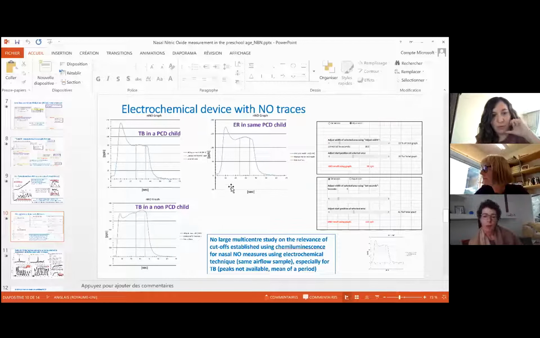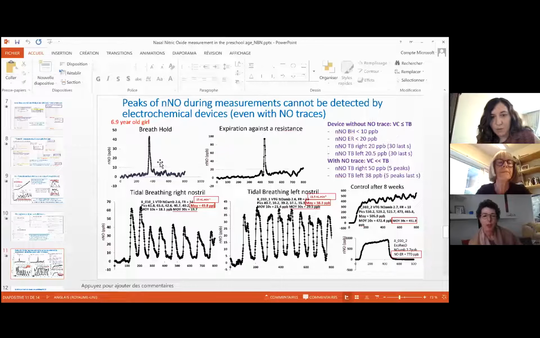And the only thing I wanted to point out here is that this kind of peak, which makes you suspect during breath hold or expiration against resistance that the child has a busy nose and the measurement is unreliable, you cannot pick this up with the Niox Vero machine. So it's only in chemiluminescence, and it's very important.